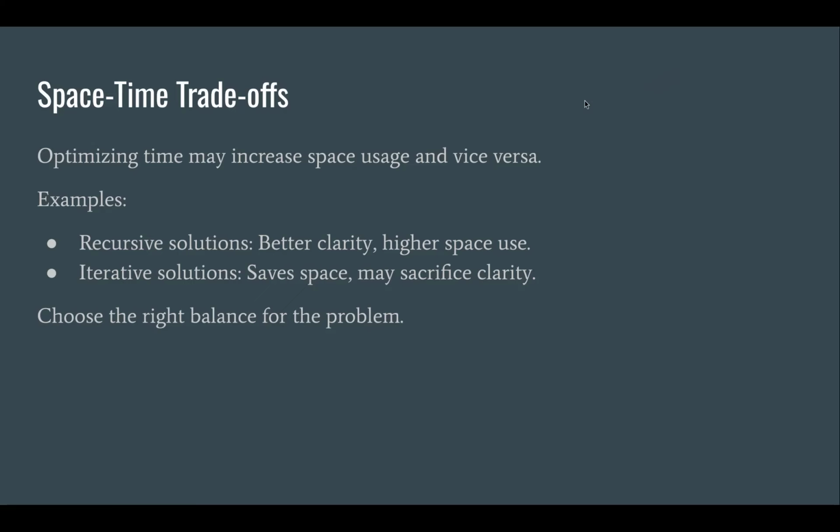For example, quicksort is faster on average but may require extra space for recursion, while iterative sorting algorithms save space but may not perform as well. Understanding the problem constraints helps you decide the right balance between time and space.